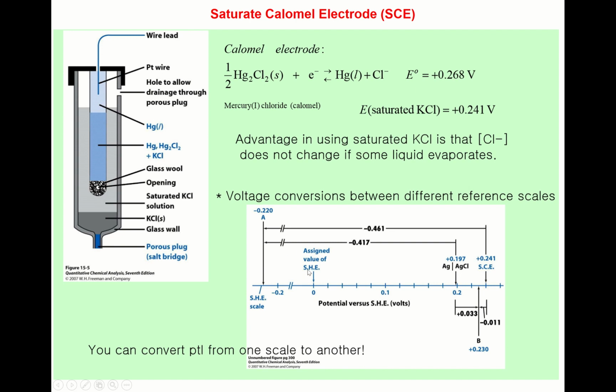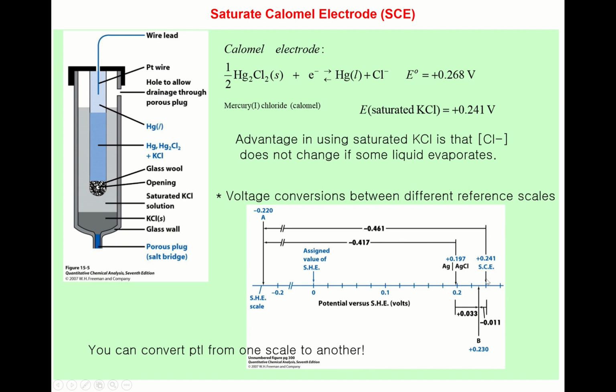But since the SHE potential is 0 volt, you have to add 0.197 volt to obtain the potential with respect to SHE. If you add these two values, you get minus 0.220 volt.